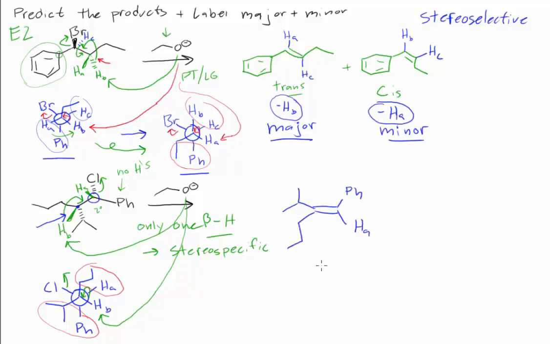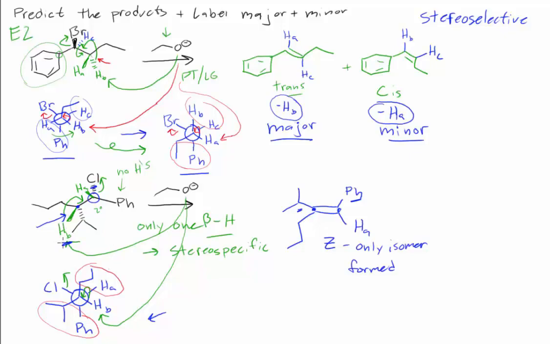And so is this the E or the Z isomer? Well, on this carbon the phenyl is higher priority, and on this carbon the isopropyl is higher priority, so this is Z. And this is the only isomer formed. Don't draw the E. And there's not really an easy way to predict this unless you draw the Newman projection, or once you get good at visualizing, you can see that HB right here and the chloride are already lined up in sort of the anti-periplanar fashion.